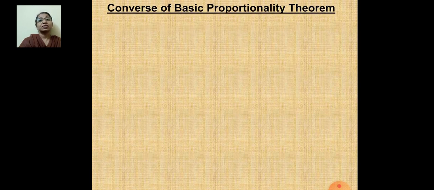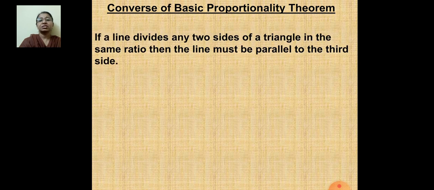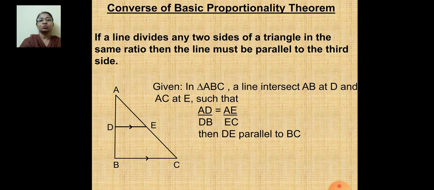Then we have seen the converse of the basic proportionality theorem, which states that if a line divides any two sides of a triangle in the same ratio, then the line is parallel to the third side. So if in triangle ABC, the ratio AD upon DB is equal to AE upon EC, it means DE is parallel to BC.